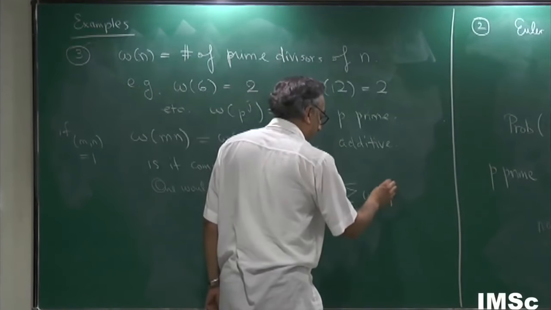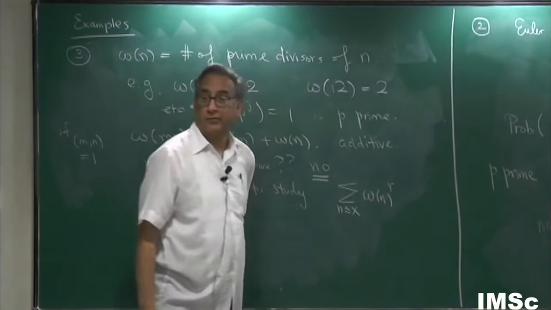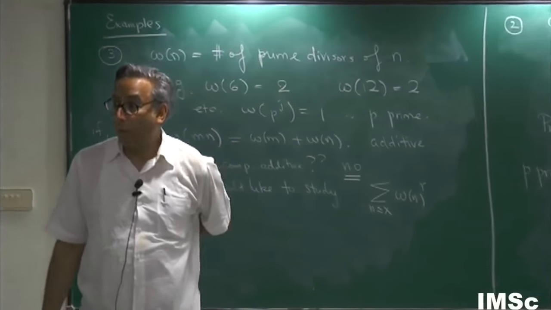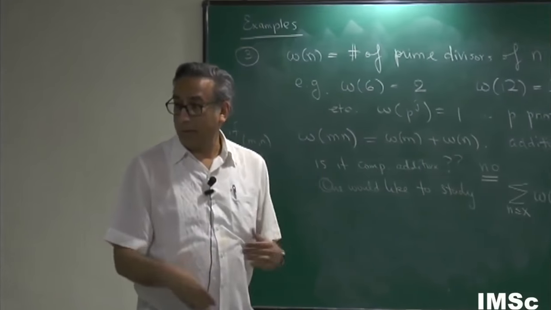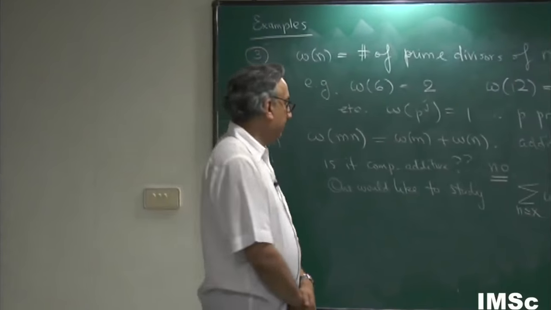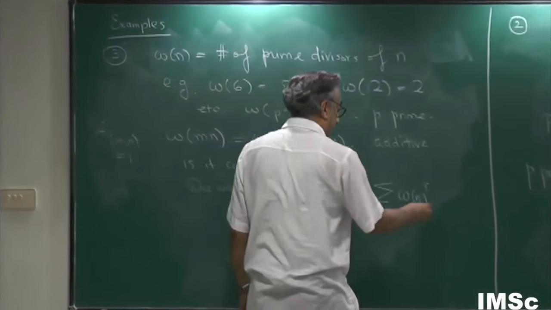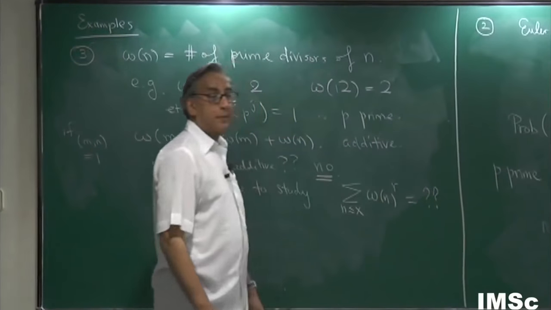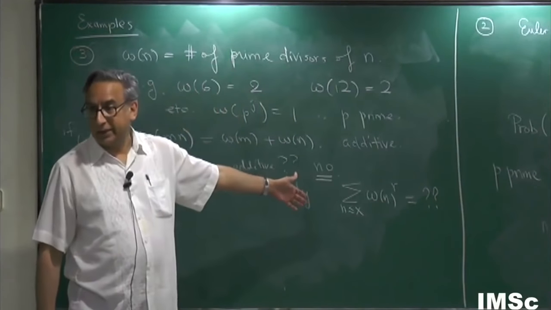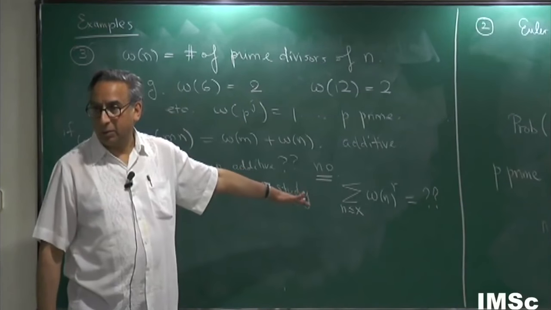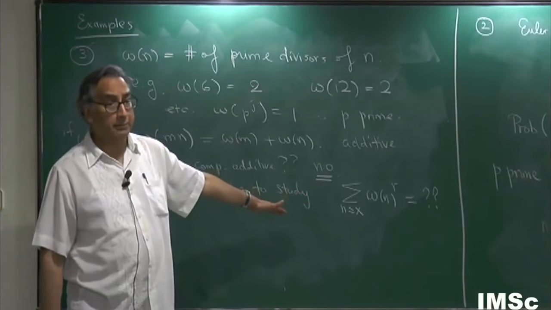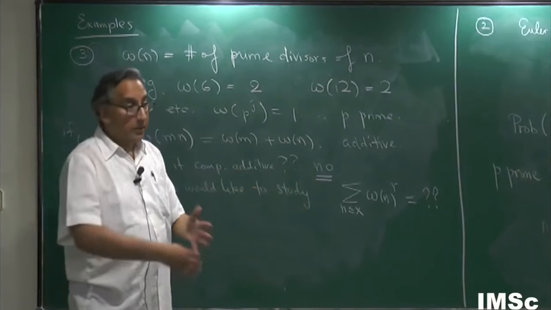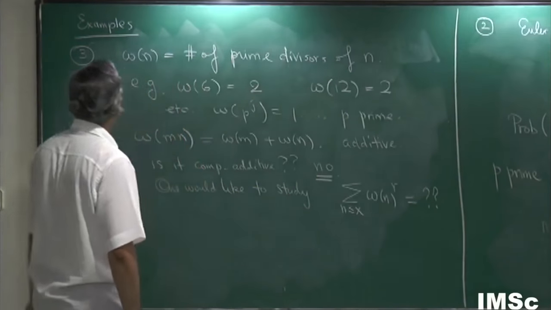And more generally, we would like to take powers of the function and study what are called moments. The study of these things is an important chapter in what's called probabilistic number theory. So it's another offshoot of analytic number theory.